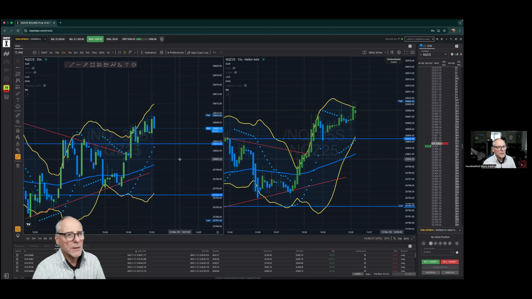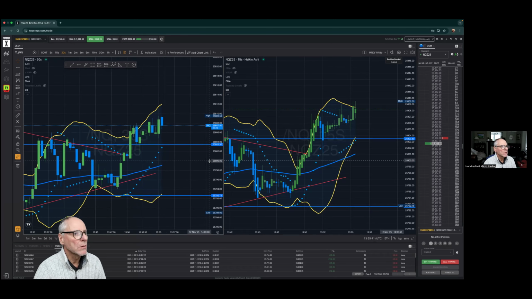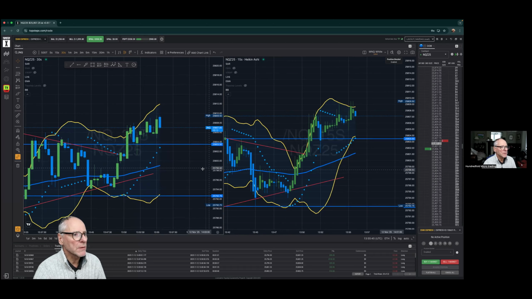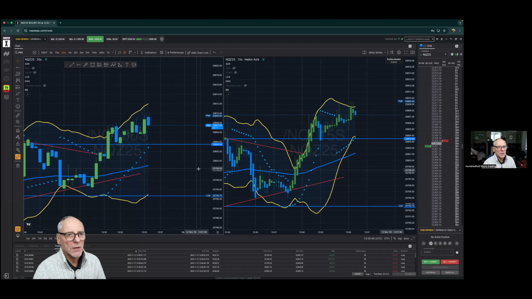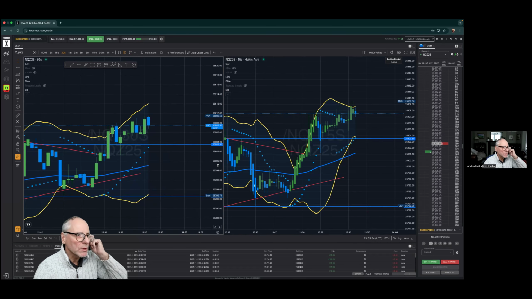We've got Parabolic SAR, stop and reverse dots, which we use as we see the market, tracking the latest parabolic dot on multiple timeframe charts. So that's what we look at.